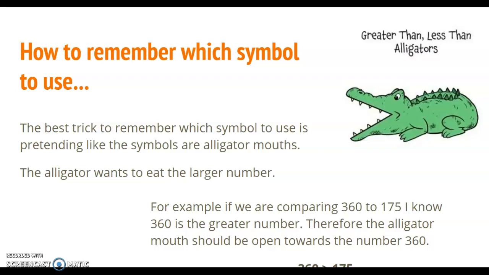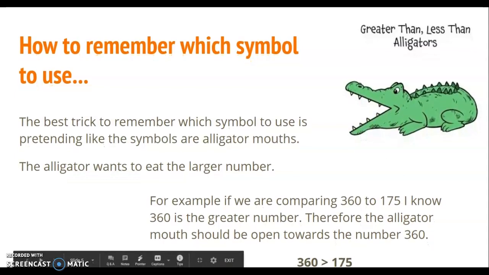Therefore, the alligator mouth should be open towards the number 360 so he can chomp down on it and eat the greater number. It would look a little something like this: 360 is greater than 175.